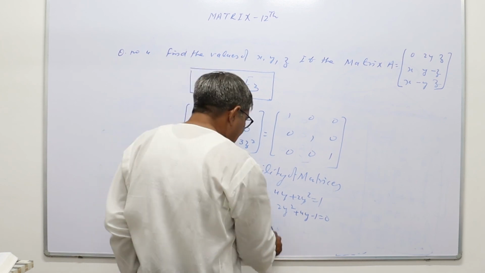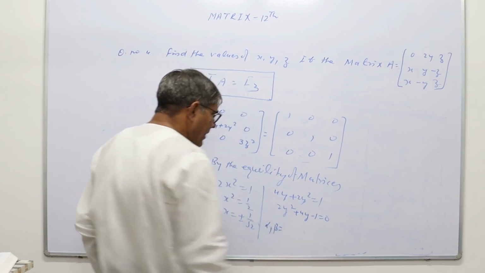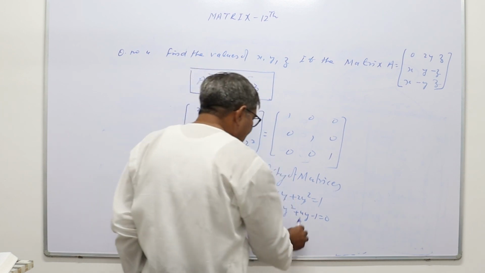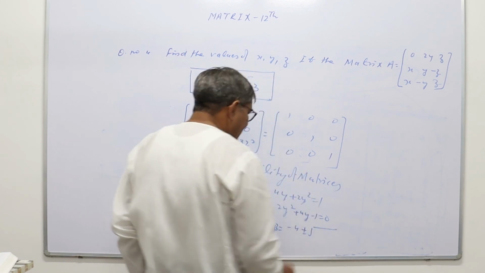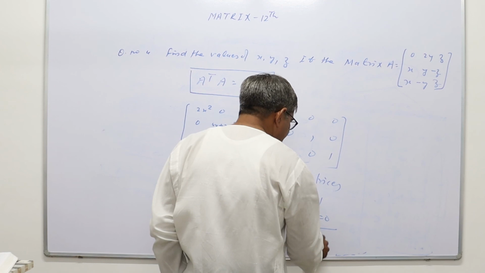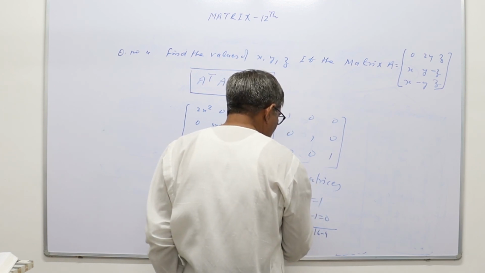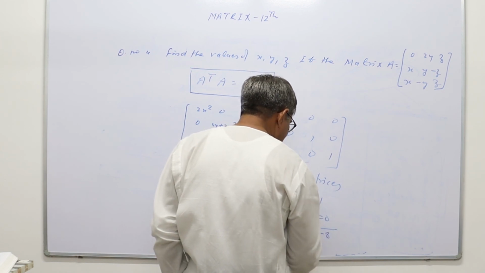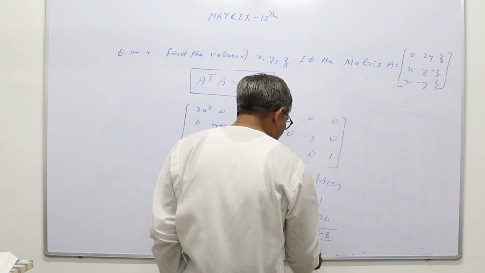So here if the roots are alpha, beta, then they will be minus b, that is minus 4, plus minus root of b square. b square means 4 square, 16, minus 4ac, 4 into 2 is 8 into 1, so that is 16 minus 8, upon 2a, that is 2 into 2, 4.